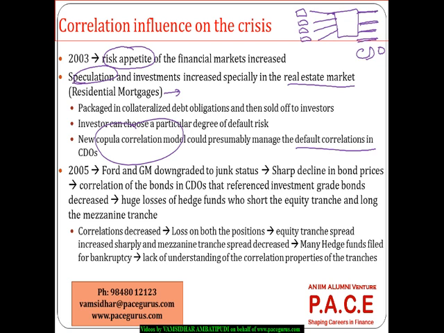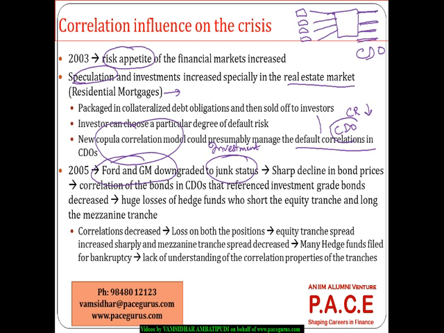Now look at this. In 2005, a couple of key companies got downgraded from investment grade to junk status. The bonds of Ford and General Motors were downgraded from investment bond status to junk bond status. Now, what happens? Correlation in the bond. When the credit ratings have gone down, look at the CDO composition.